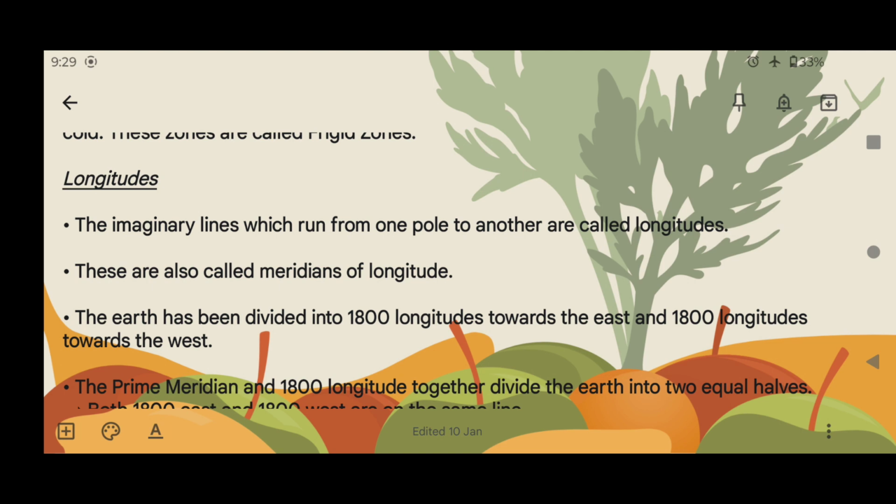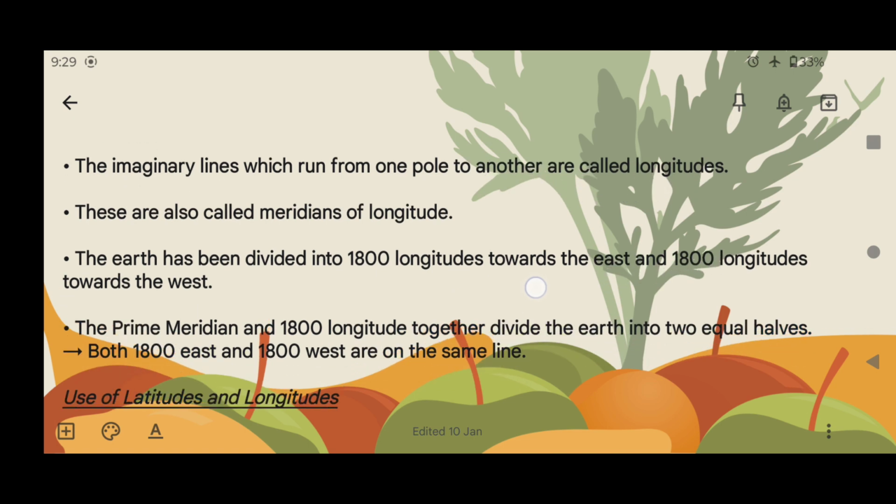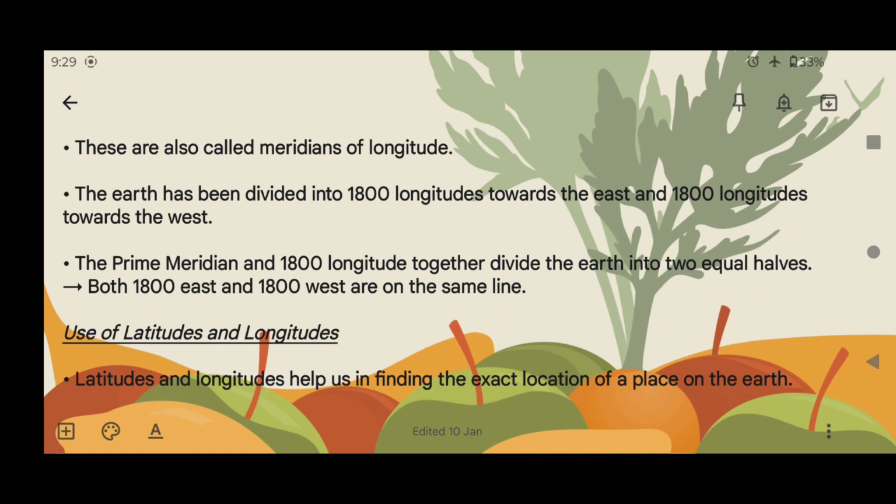Longitude. The imaginary lines which run from one pole to another are called longitudes. These are also called meridians of longitude. The earth has been divided into 180 longitudes towards the east and 180 longitudes towards the west.